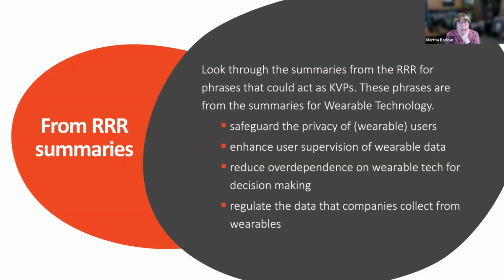One way to start to gather ideas for action goals or key verb phrases, and to me this is the starting point, is to get a lot of ideas from the RRR summaries: readings, research, and resources.